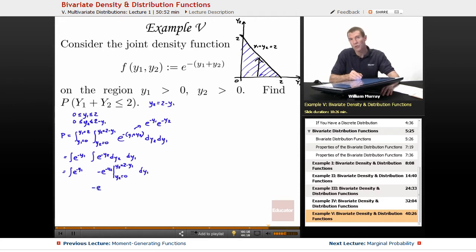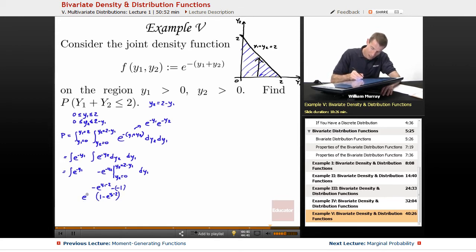If y2 is 2 minus y1, negative y2 will be y1 minus 2. Minus negative e to the negative 0, so minus negative 1. And so I'll get positive 1 minus e to the y1 minus 2 at the next step.